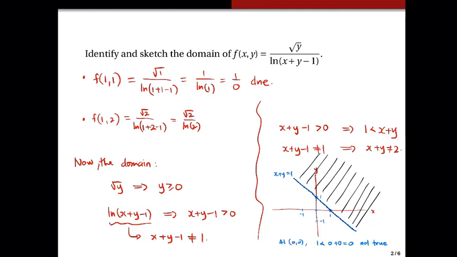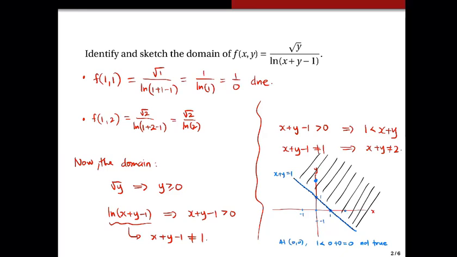So we sketch x plus y equals 2. When x equals 0, your y will be equal to 2, so maybe it's this part here. And then when y equals 0, your x equals positive 2, so it will be somewhere on this part here.